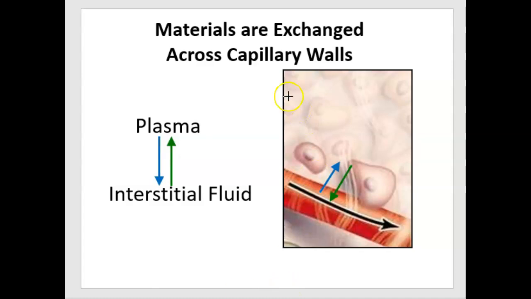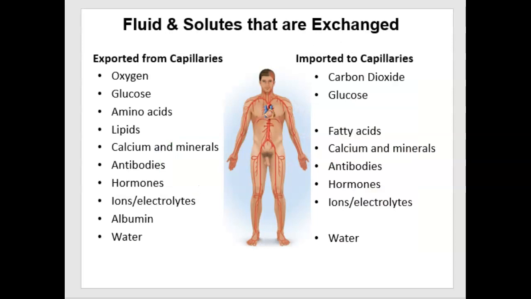So materials are exchanged across capillary walls from the blood or plasma out to the interstitial fluid, as well as from the interstitial fluid back into the blood. Some things that are exchanged include gases, solutes, and water.